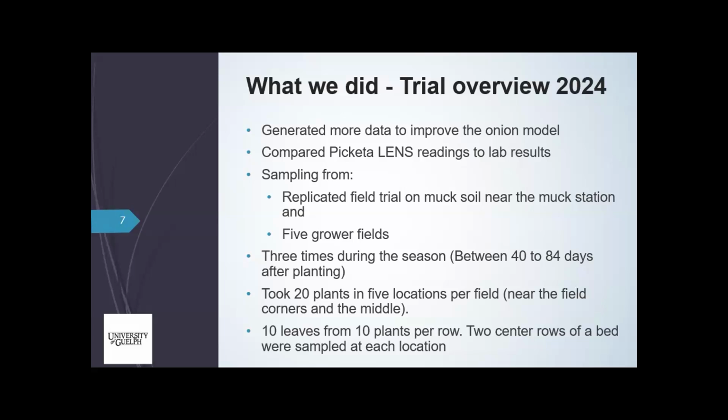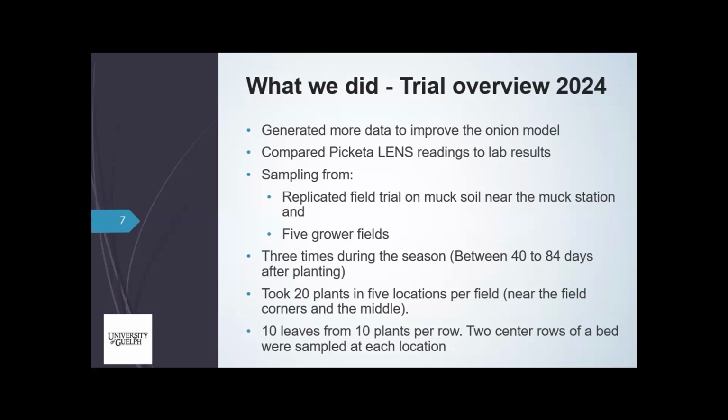Our sampling was done from 5 fields. One of the fields is close to us here at Jane Street. And we also took samples from 5 grower fields.